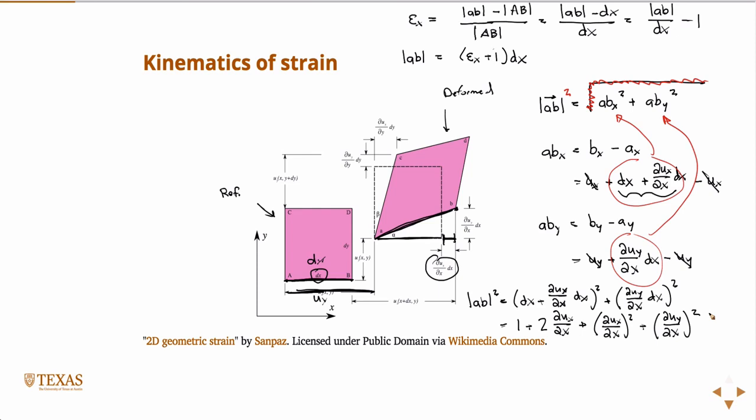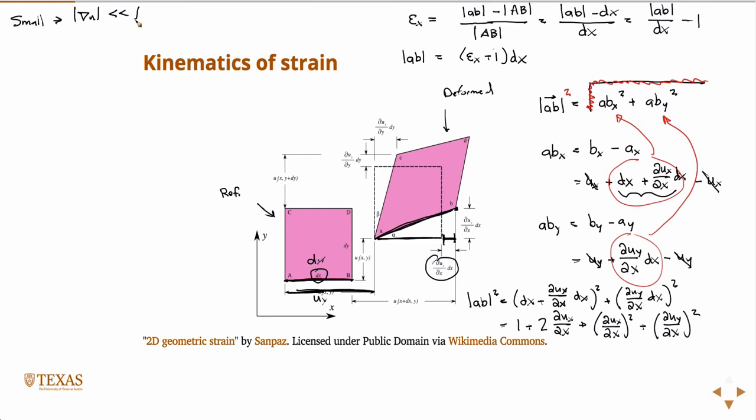Okay? So now, remember I said the deformation is small. So let's give you a firm definition of what small means. For our purposes, small implies that the magnitude of any gradient of u is much, much less than 1.